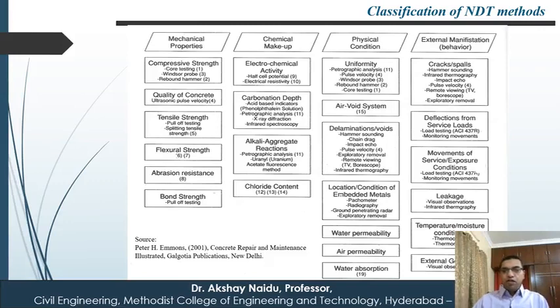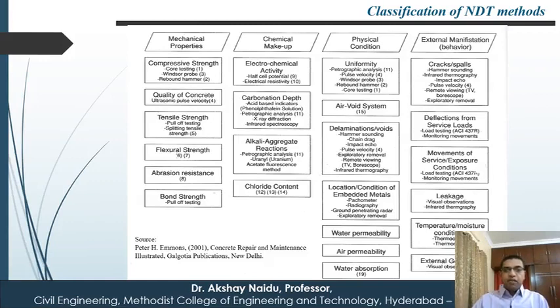If we closely look at this classification, the testing methods can be categorized as tests for identifying mechanical properties, tests for identifying chemical makeup, tests for identifying the physical conditions of concrete, and tests for identifying the external manifestation or behavior of the structure.